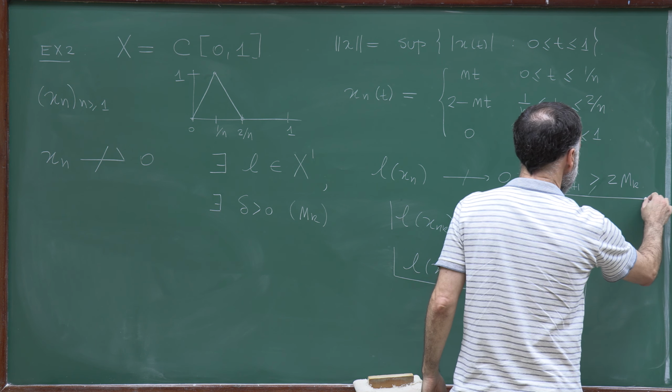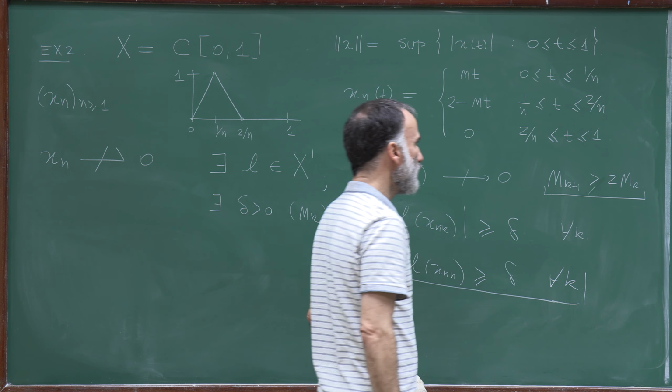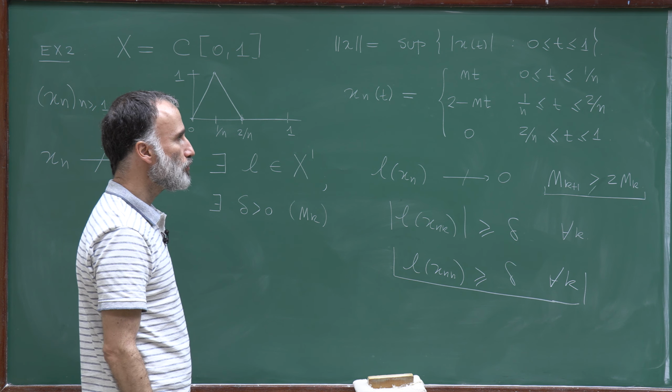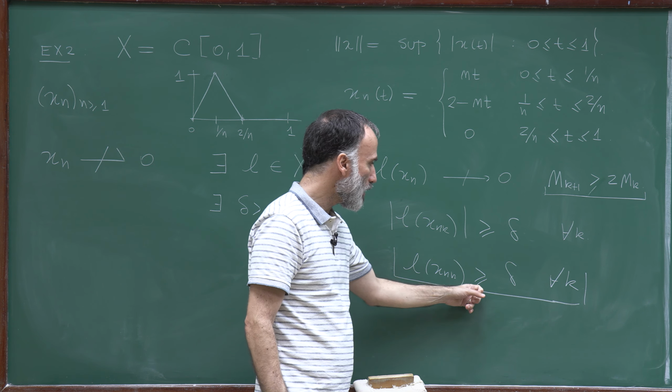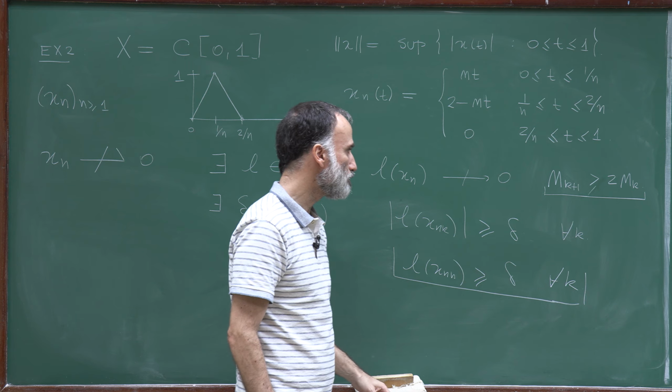So I'm assuming that n_{k+1} is strictly greater than 2 times n_k, and that L(x_{n_k}) is larger than delta for all k.